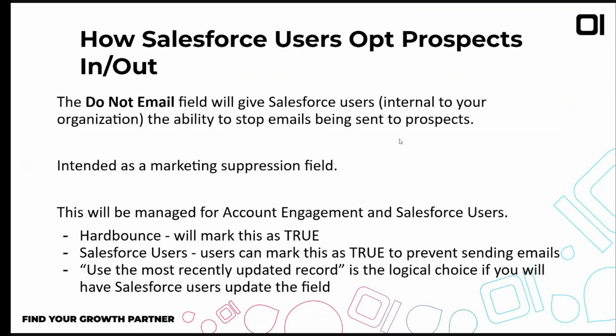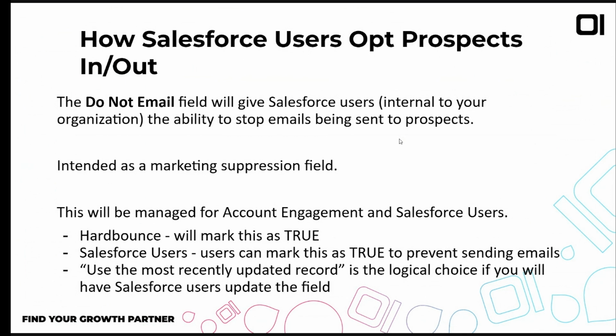So as long as this do not email is synced to Pardot, and it is synced with the most recently updated record, then that would be the logical choice if you will have Salesforce users update this field.